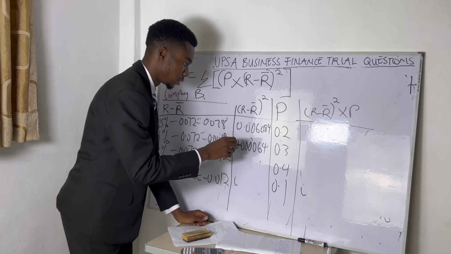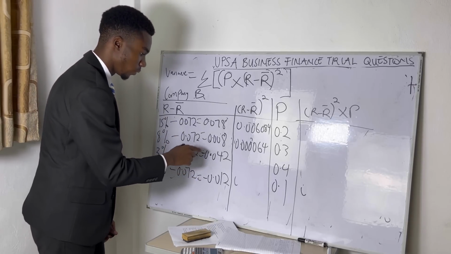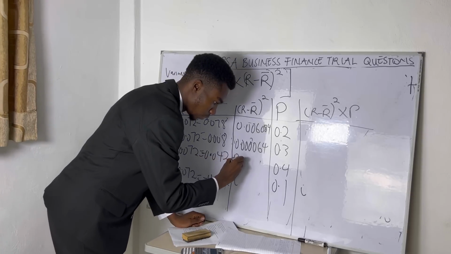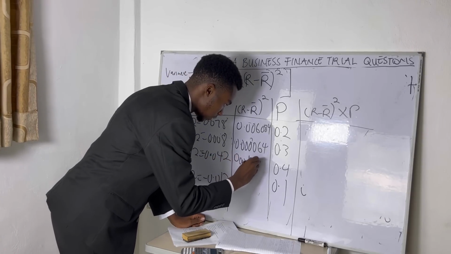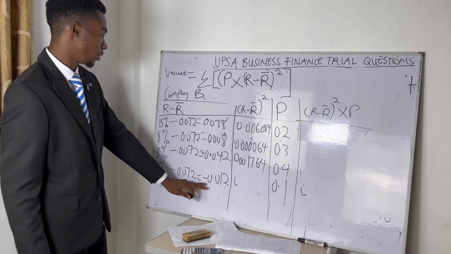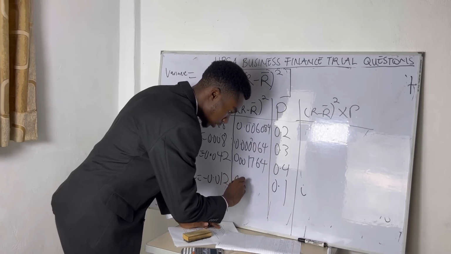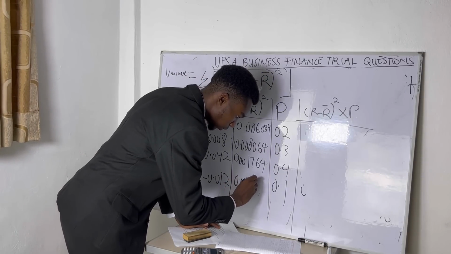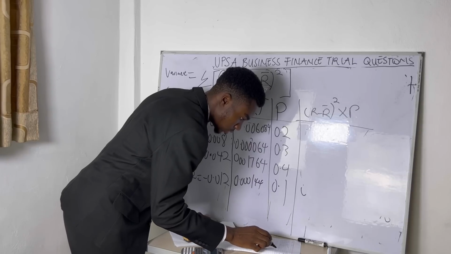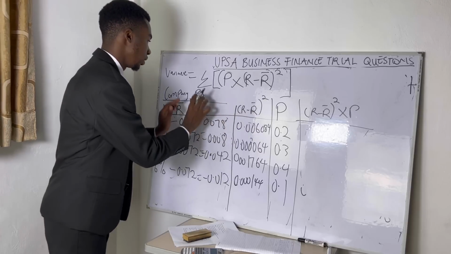When we square negative 0.042, we should be getting 0.001764. And for the last one, when we square negative 0.012, we should be getting 0.000144. So these are the values you get when you square them.